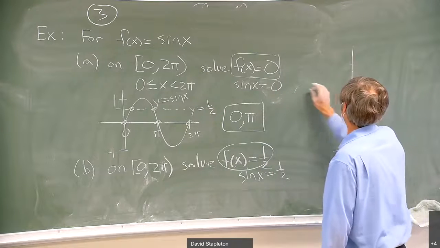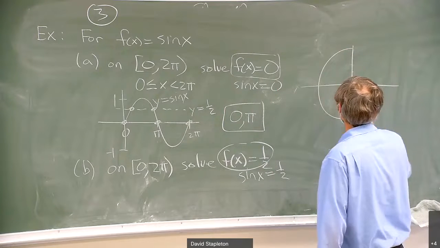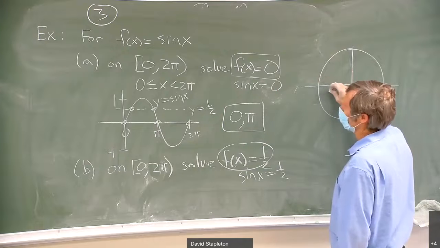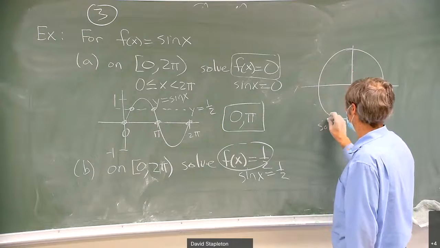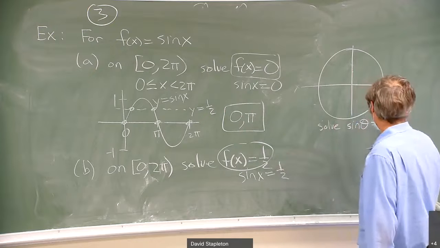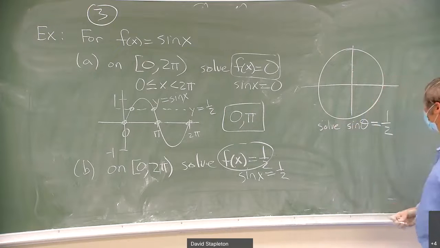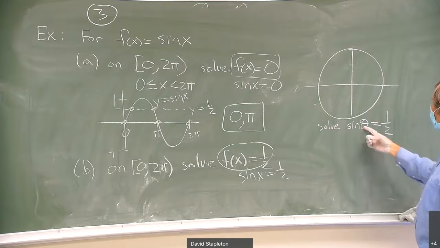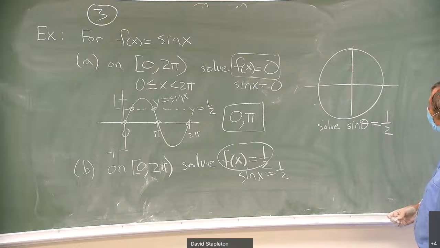after you figure out there should be 2 of them between 0 and pi, you can look at the unit circle and figure it out. But on the unit circle, I'll use theta instead of x and say I'm solving sine theta equals a half, and that'll be my x here. What angle theta has sine, the y coordinate, equal to a half?